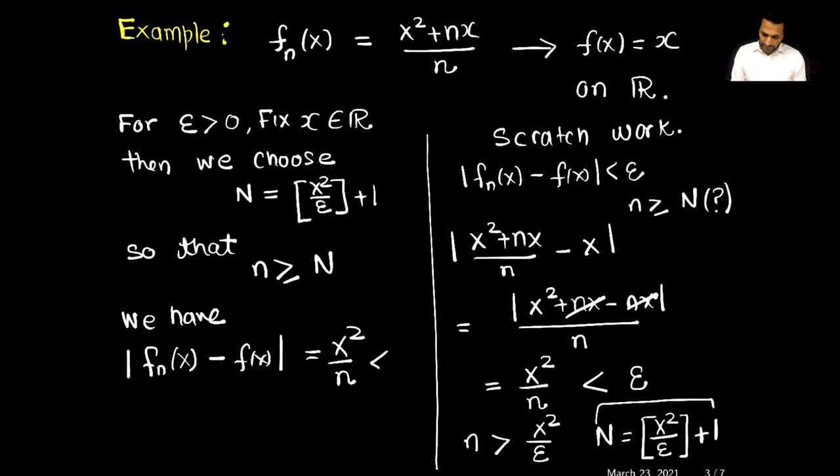So definitely this will be less than epsilon when I take n bigger than or equal to that capital N. And this proves the pointwise convergence. So this implies this sequence f_n of x converges to f of x pointwise.